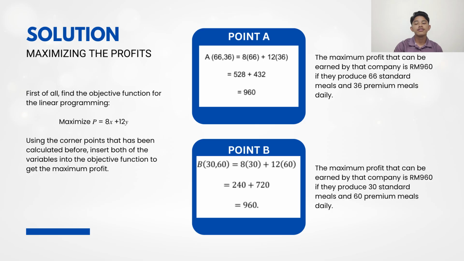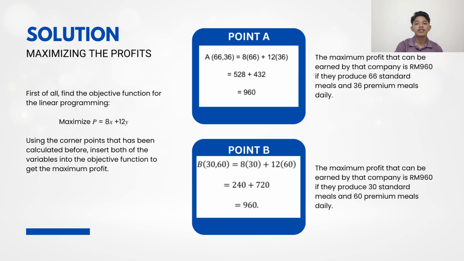So using point A, we will insert both of the variables into our equation that we got earlier, which is 8x plus 12y, and we got 8 times 66 plus 12 times 36. When we expand the brackets, we will get 528 plus 432.